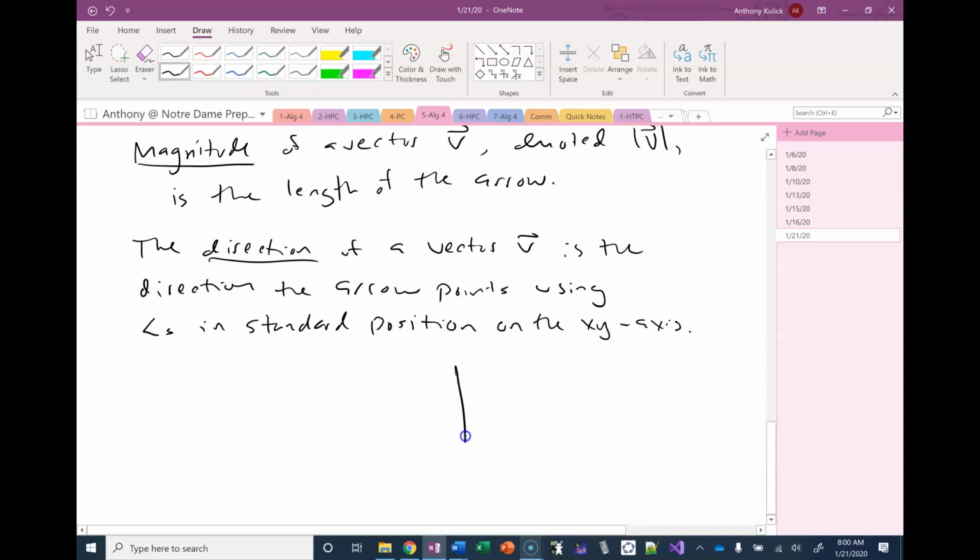So for example, if I have, say, this is my vector v, actually I'm going to draw it this way. What I can do is put in an imaginary xy axis, where the initial point is the origin of my imaginary xy axis. And this standard position angle here then would represent the direction of this vector.